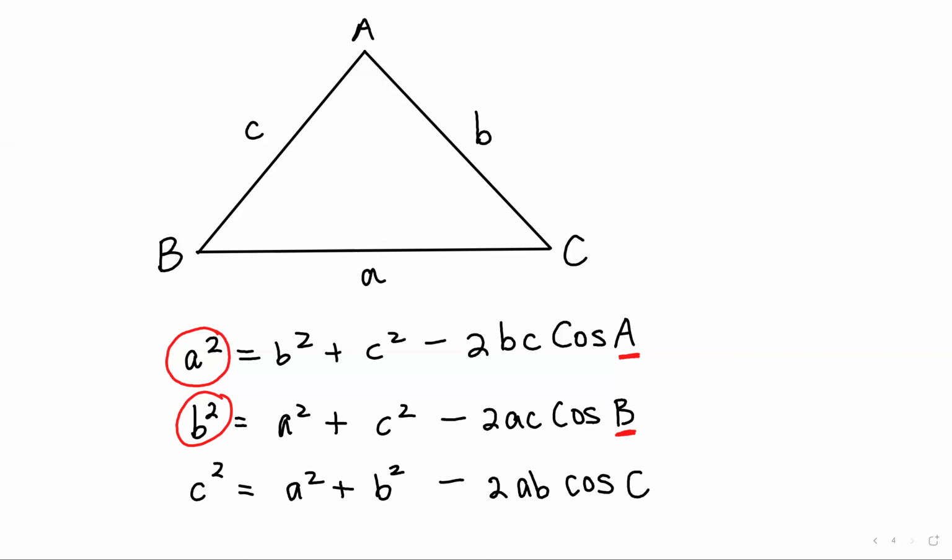So whatever is the subject, it's the angle opposite that side, right? So the cosine rule can be used. There are two instances when the cosine rule can be used. The cosine rule can be used when you have two sides and the included angle.